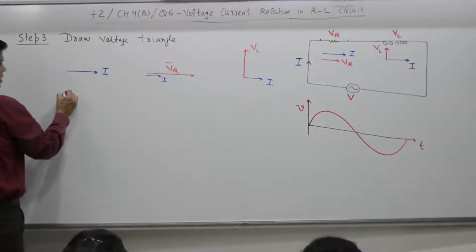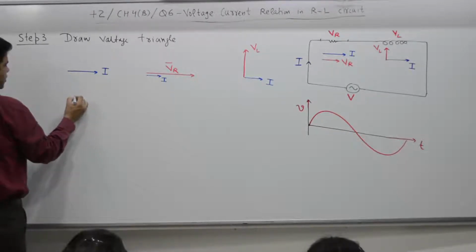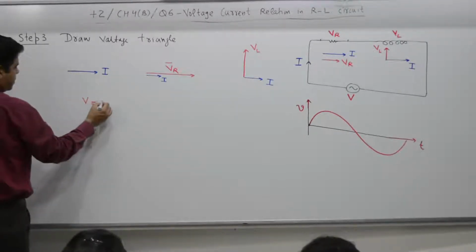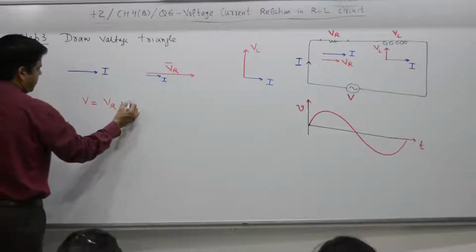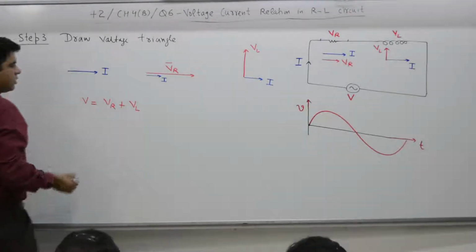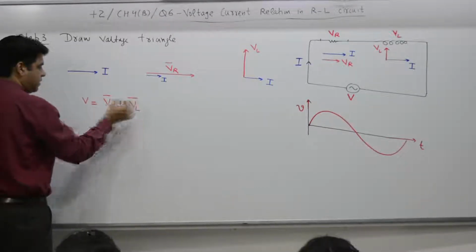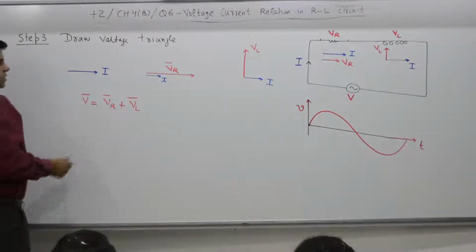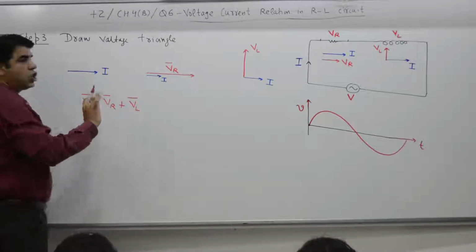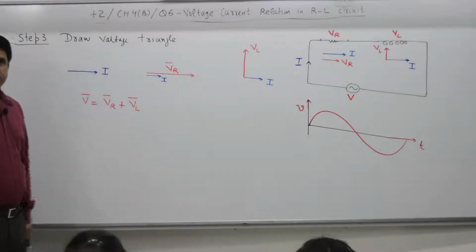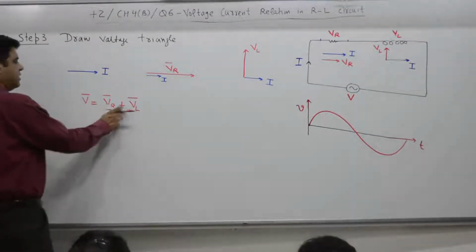That is, as per Kirchhoff's voltage law, V is equal to VR plus VL, but it is not a simple algebraic sum, it is a phasor sum. That means, if this is 3, this is 4, the total is not 7. We need to take into account the phasor aspect.